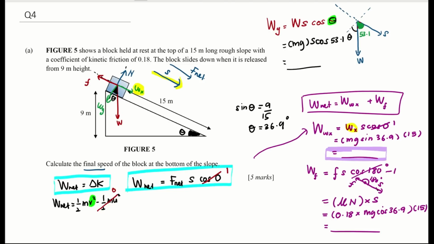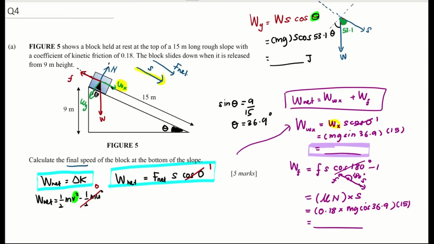So, you akan dapat jawapan berapa, berapa joule kat sini. Okay, boleh so, jawapan yang colour purple kat bawah tu dia akan sama dengan kat atas tu untuk work done by the gravitational force. So, it's up to you. Awak nak kira work done by the gravitational force, awak nak resolve W kepada X dengan Y, boleh. Ataupun you nak ambil terus angle antara S dengan W.